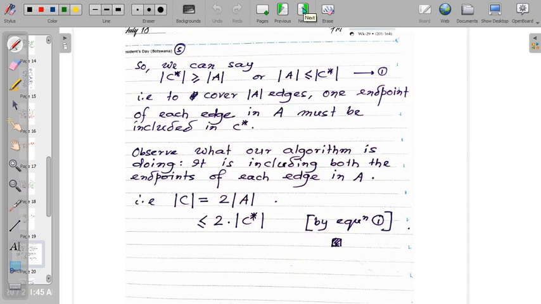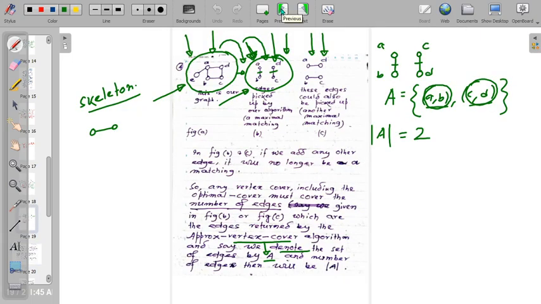Sir, how can we prove that the algorithm gives a maximal matching? How can we prove that the approximation algorithm gives a maximal matching for the graph? You see, in this approximation algorithm, the way I am picking up the edges, one maximal matching will be given, right?